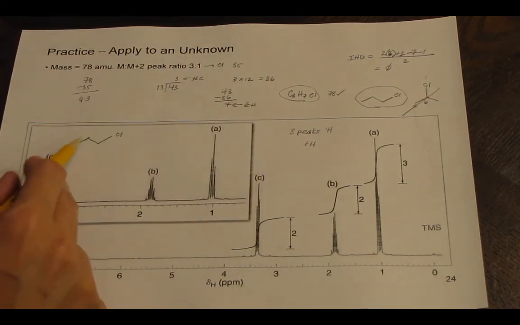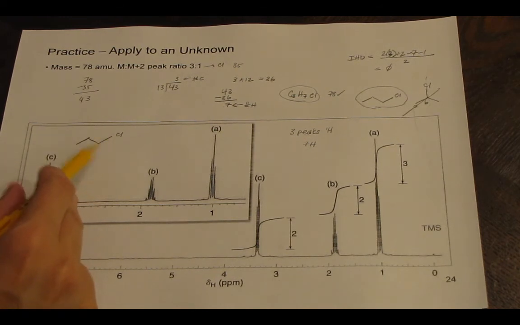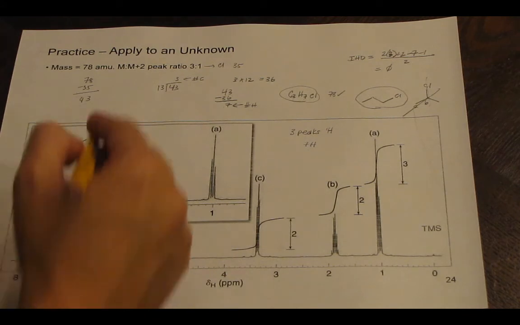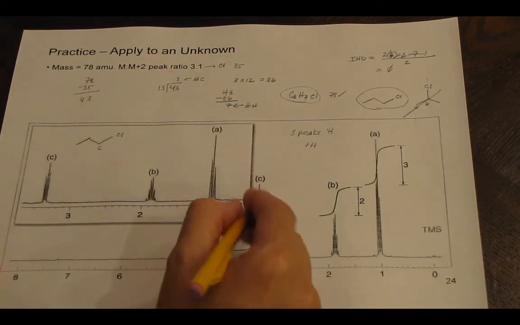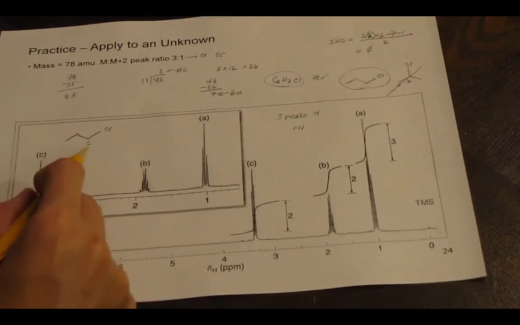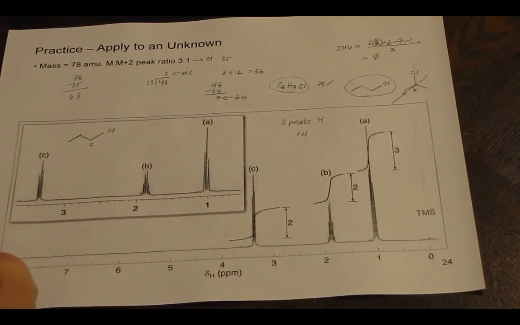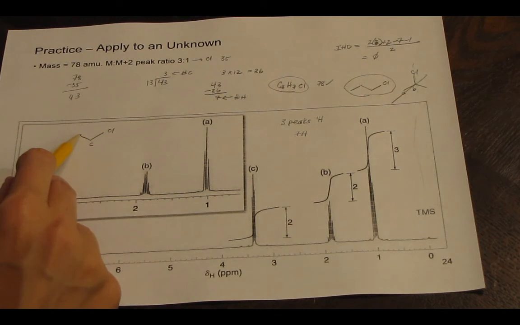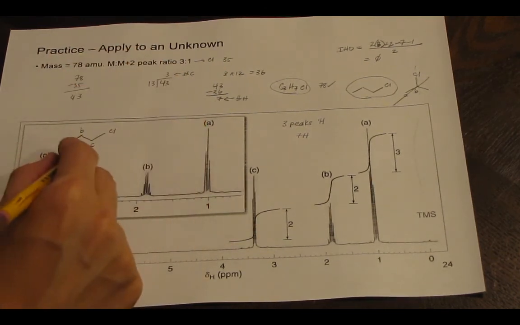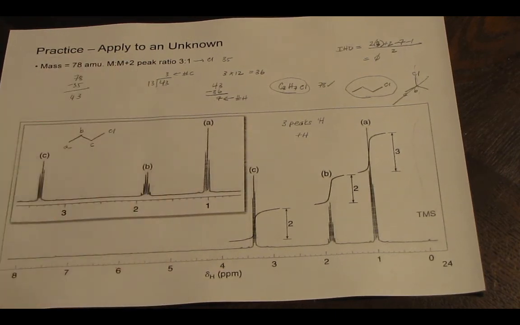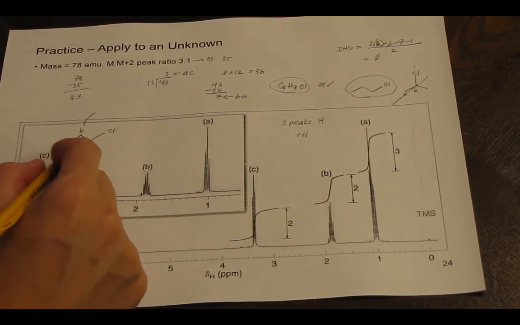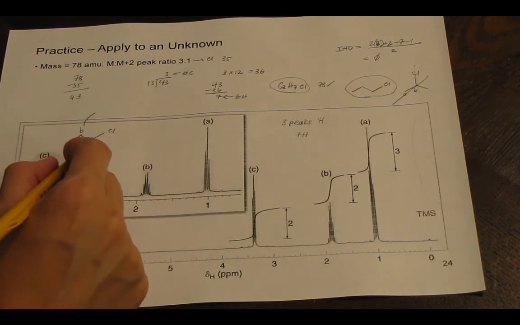Okay. I have 3 hydrogens, and the ones connected to the chlorine are going to be the most downfield, between 3 and 4. So this would be hydrogen C. Okay. And the signal here is a triplet, which makes sense because it has 2 neighbors. B should be the most complex pattern because it's sandwiched between A and C. And so B has 3 A neighbors and 2 C neighbors.